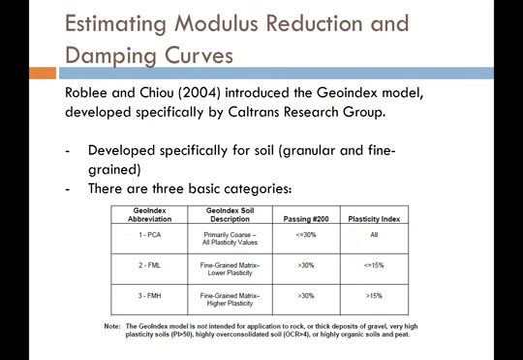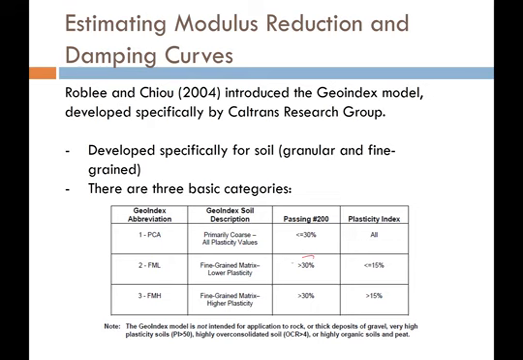The way it's going to work is we're going to divide up the soil into three basic categories. Category 1, or PCA, is primarily coarse-grained soil. These are sands, gravels, even coarse silts, I would almost say, if it behaves like a sand. Category 2, FML, is going to be fine-grained, low plasticity soil, so fine-grained matrix, low plasticity.